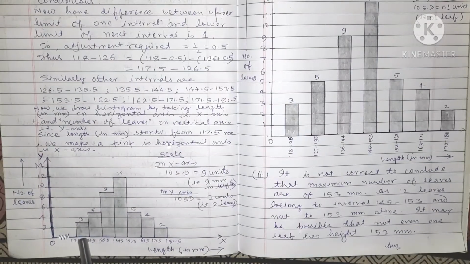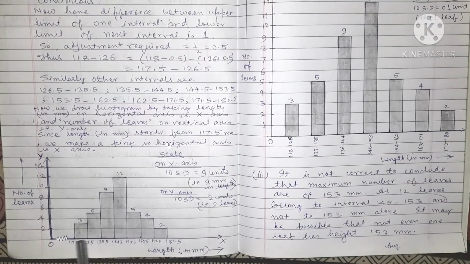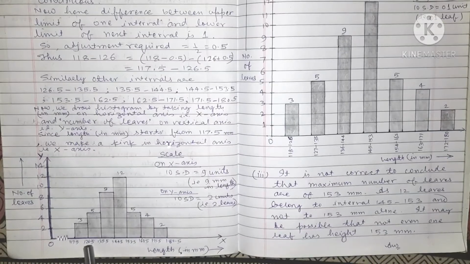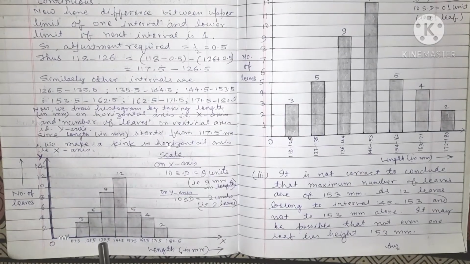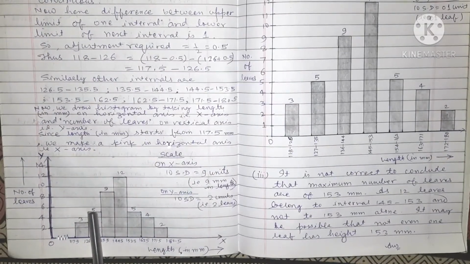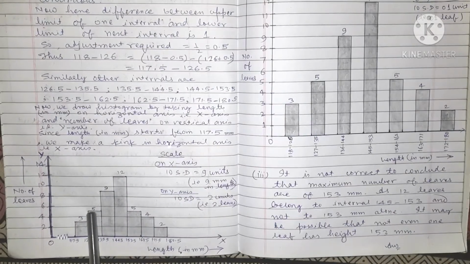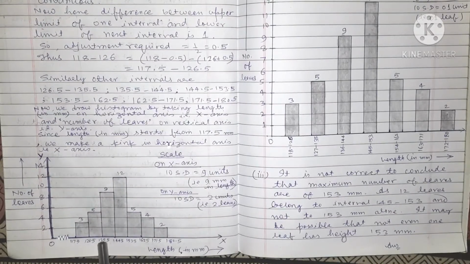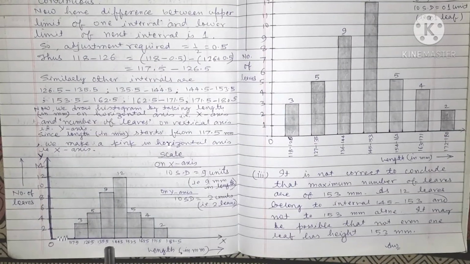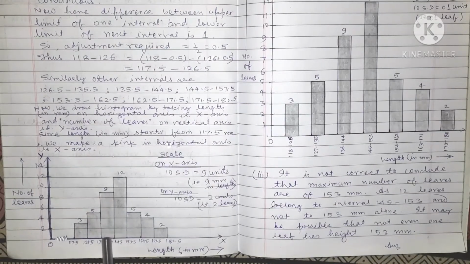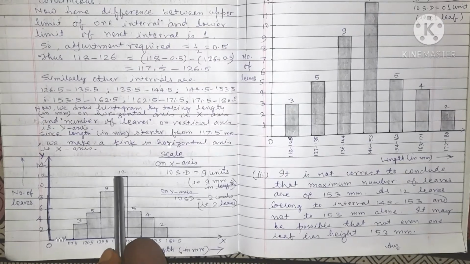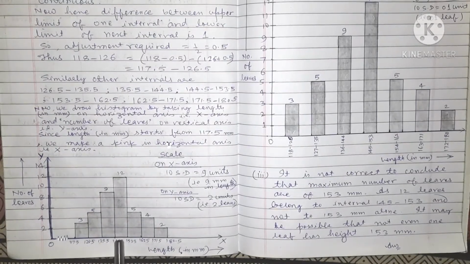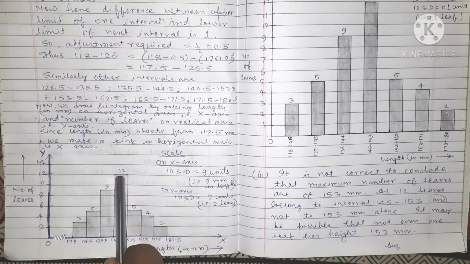So this rectangle has height up to 3. 126.5 to 135.5, number of leaves 5, so the height of this rectangle is up to 5. 135.5 to 144.5, number of leaves 9, so the height of this rectangle is 9. 144.5 to 153.5, number of leaves 12, so the height of this rectangle is up to 12.